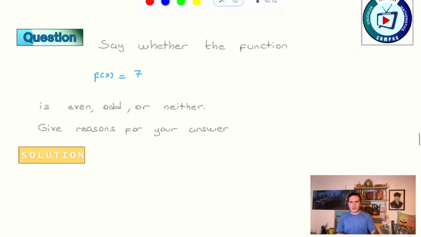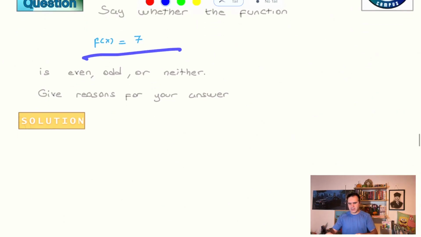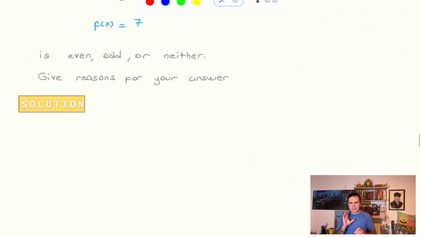And our first question. Say whether the function f of x equals 7 is even, odd, or neither. Give reasons for your answer. Let's determine whether the function f of x equals 7 is even, odd, or neither. We will do this by calculating f of minus x and comparing it with f of x.